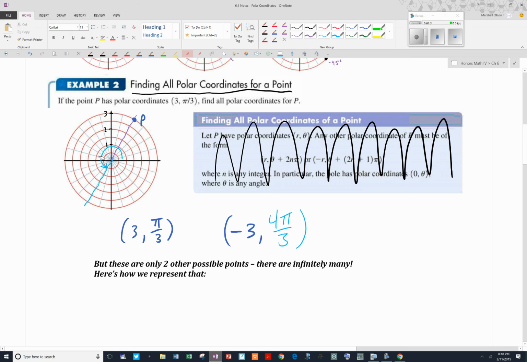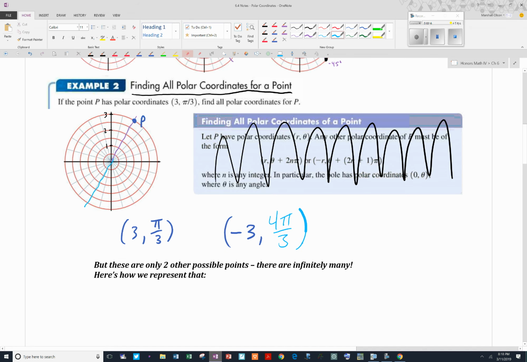So if we open up to 4 pi over 3, that would get us to right there. But then to use a negative r value means put it on the back side of that angle, so pi away, and that would put it to that P that we already have right there. So both of those are giving that point P right there.